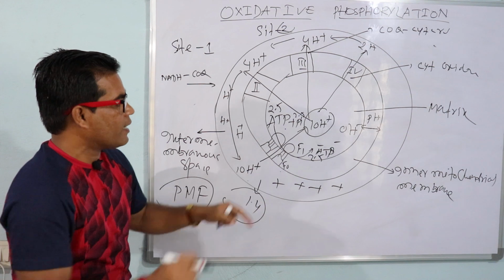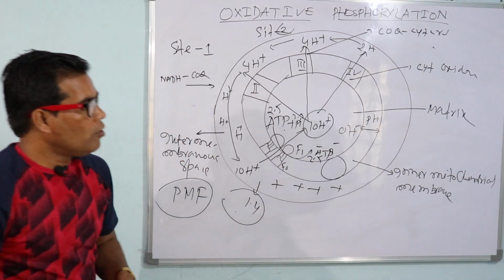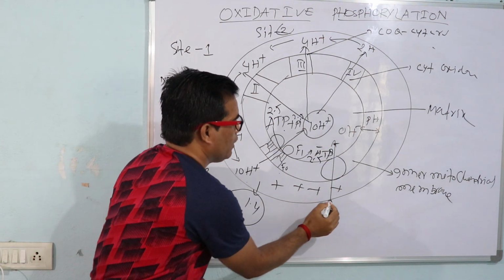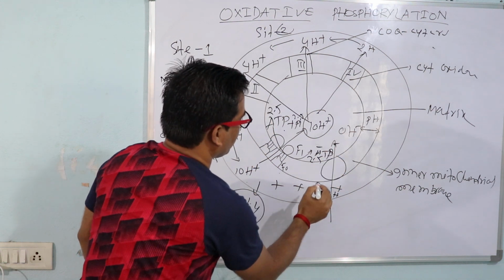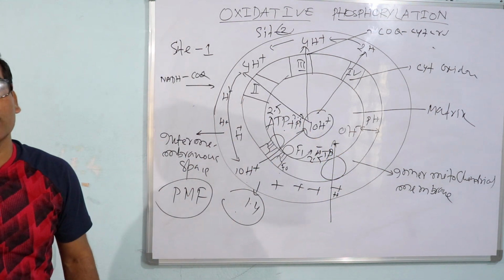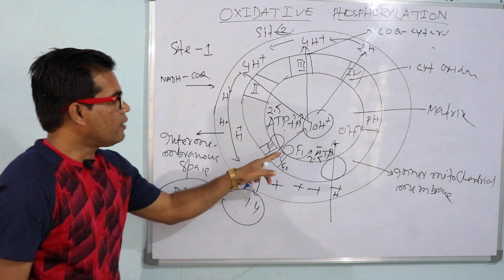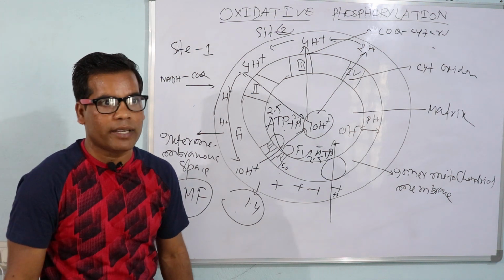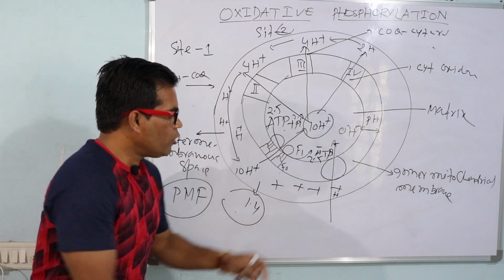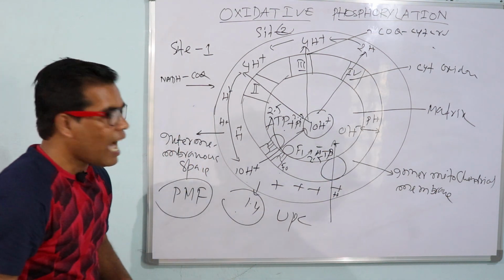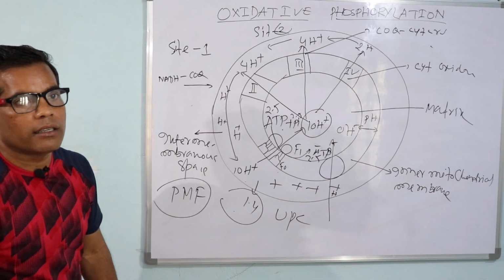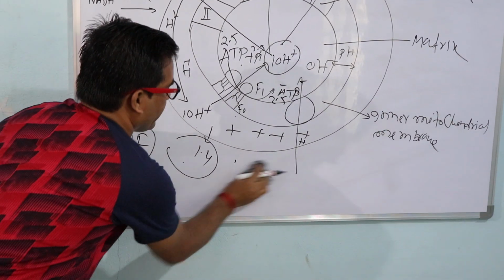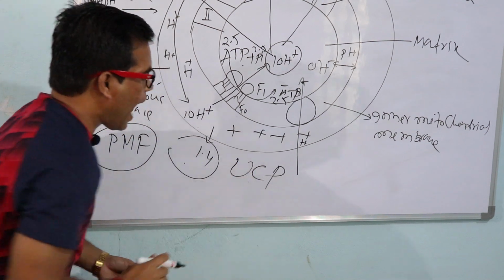But along with this complex, other proteins are present which also transfer the proton from the intermembrane space, but there is no formation of ATP, because in that protein the ATPase is absent. That is called UCP, uncoupler protein.